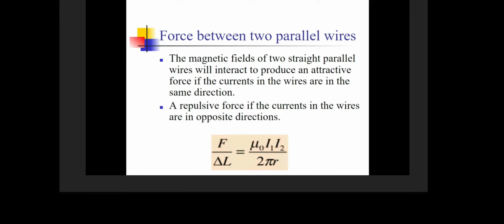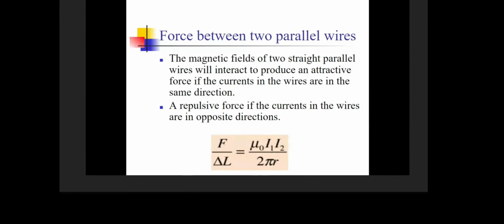Now the force can be a repulsive force or an attractive force. To produce an attractive force, the currents in the wires should be going in the same direction. And if it's a repulsive force, then they should be going in opposite directions. Those two things are important.